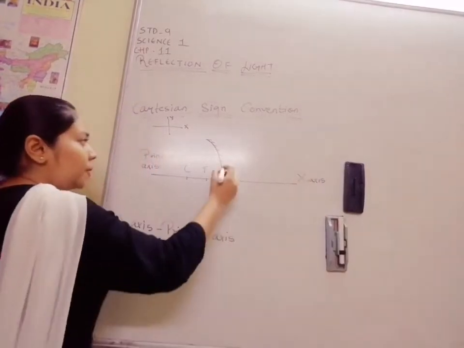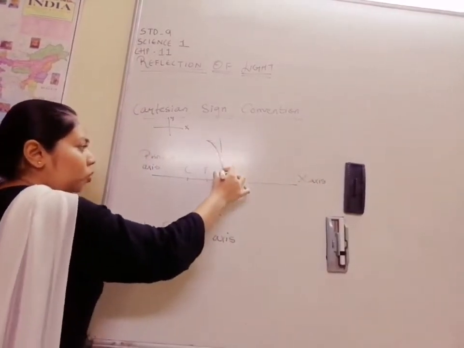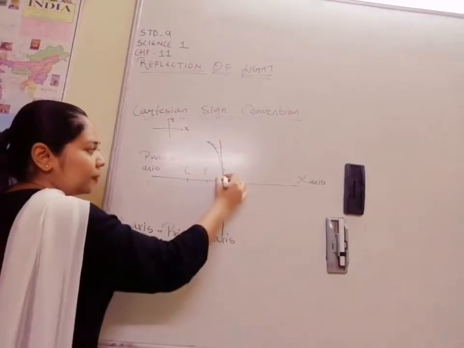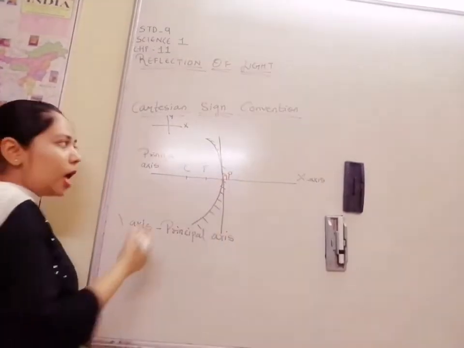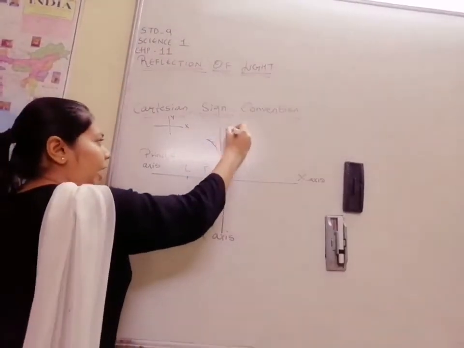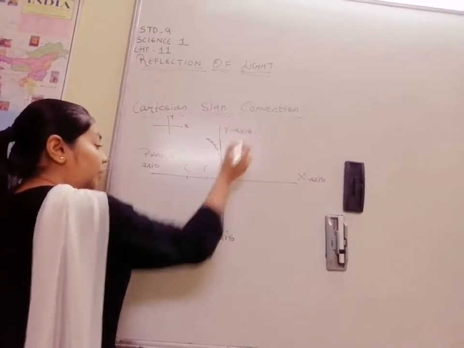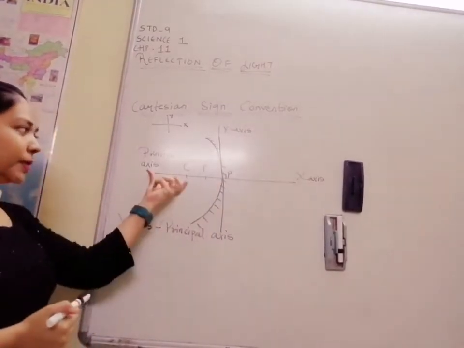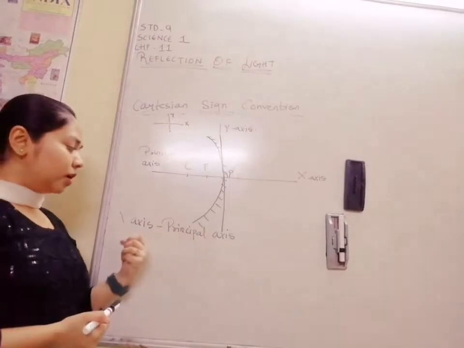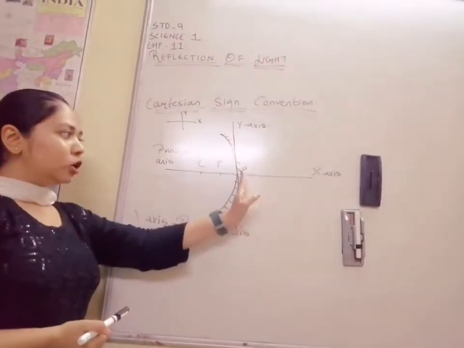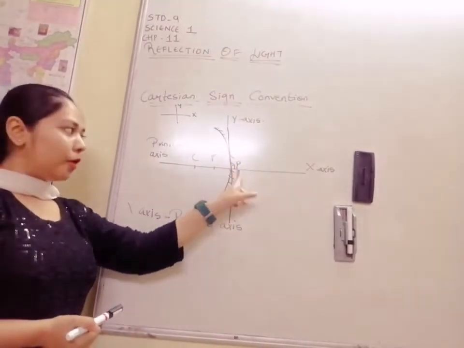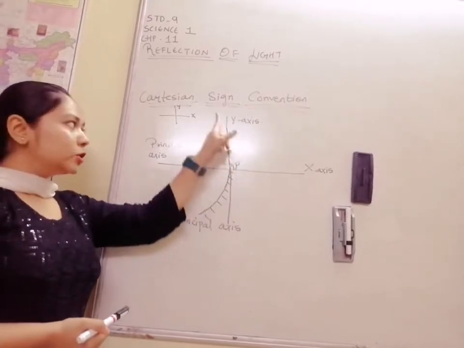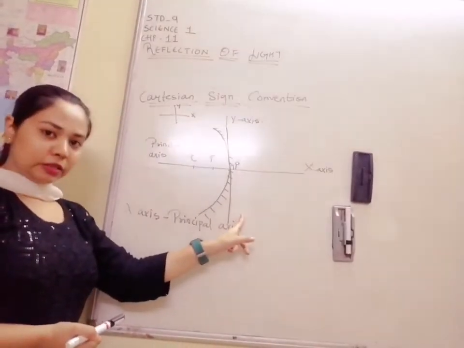And y-axis will be perpendicular to x-axis exactly at point P. Okay, and this will become my y-axis. So in mirror, the principal axis is taken as our x-axis and the perpendicular drawn to the x-axis at point P, that is our pole, becomes our y-axis.